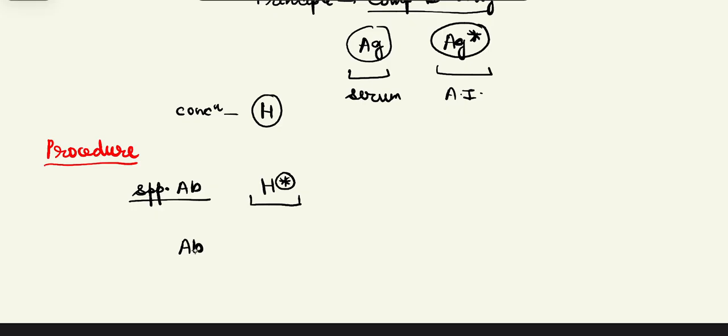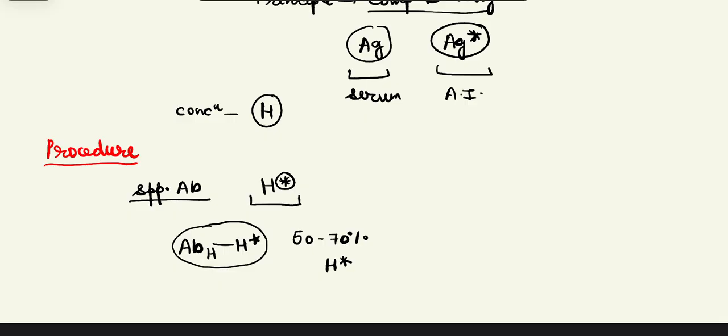So this particular antibody, which is very specific to H, will bind to this radio labeled hormone. And this complex is very crucial for performing RIA. We ensure that at least 50 to 70% of the radio labeled antigen or the radio labeled hormone molecules must bind to the antibodies which we have provided them.